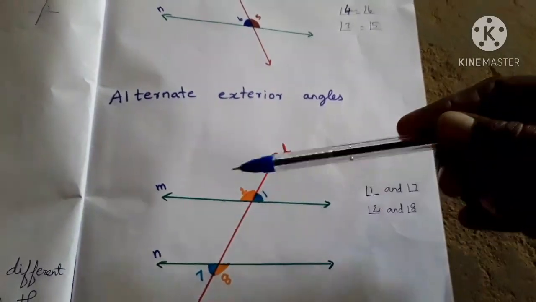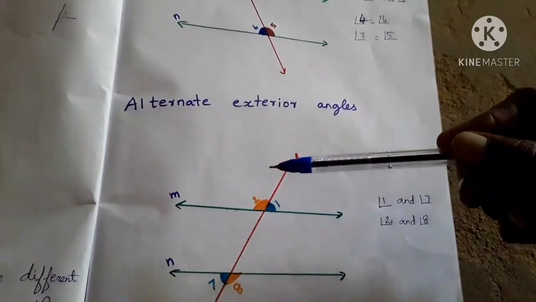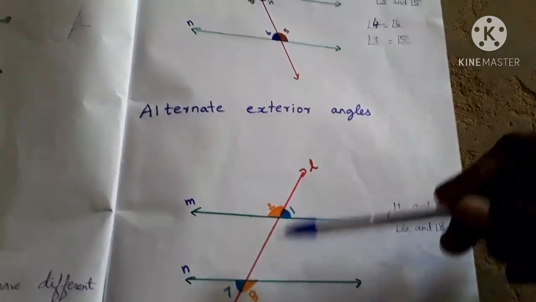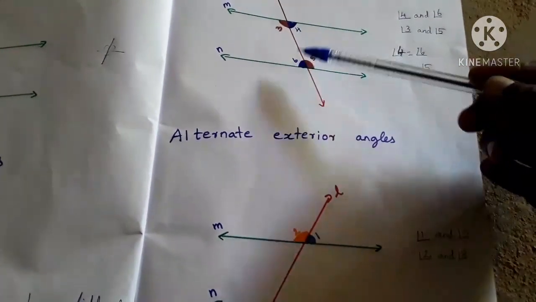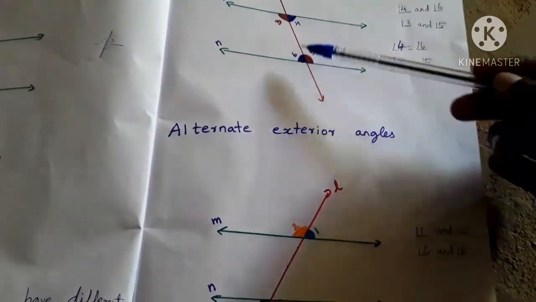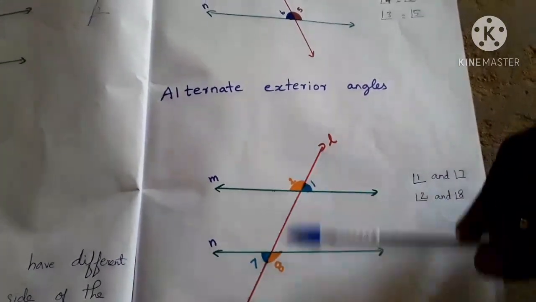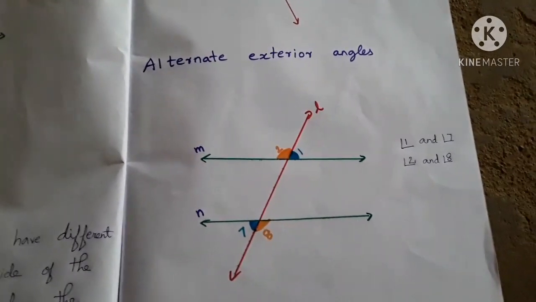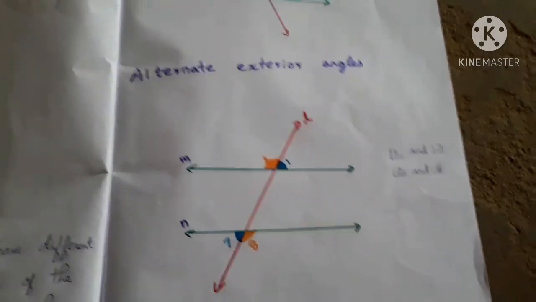They are opposite of the transversal and lie outside of lines M and N. Alternate interior lie inside, between M and N, while alternate exterior lie outside.